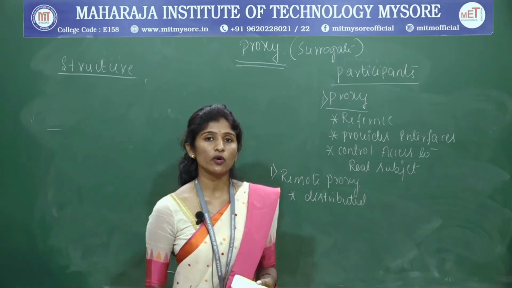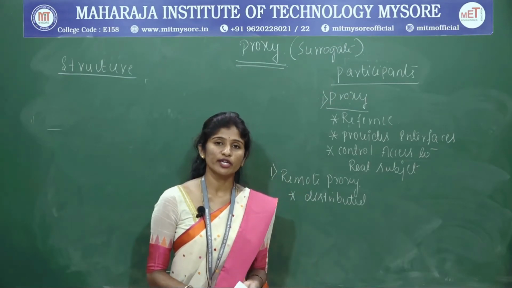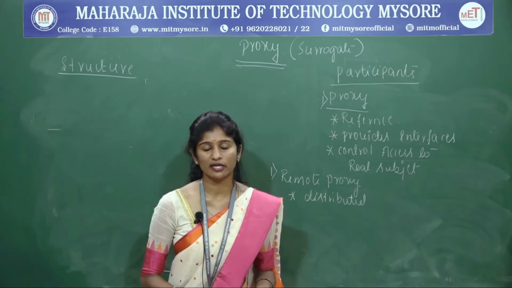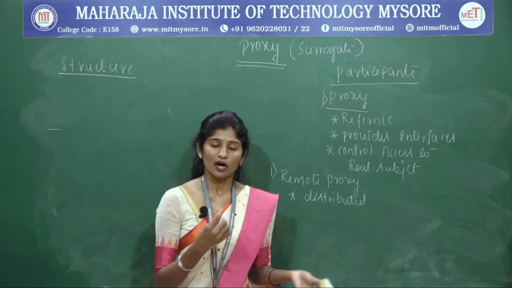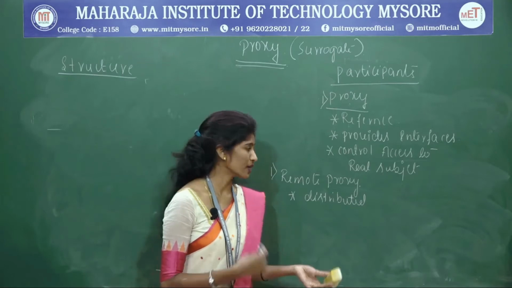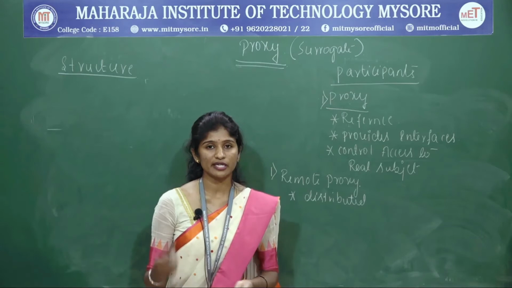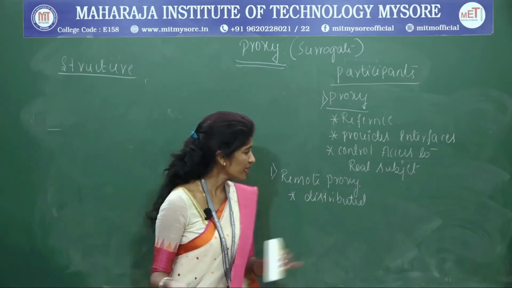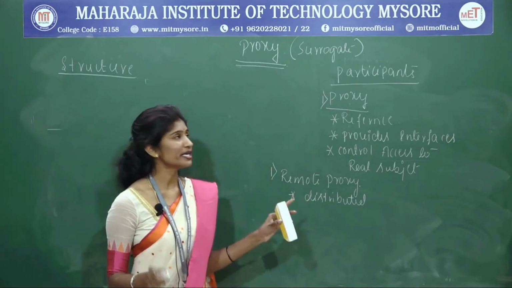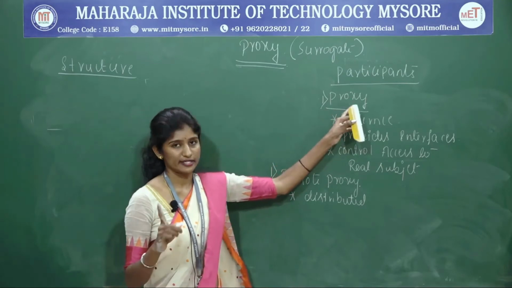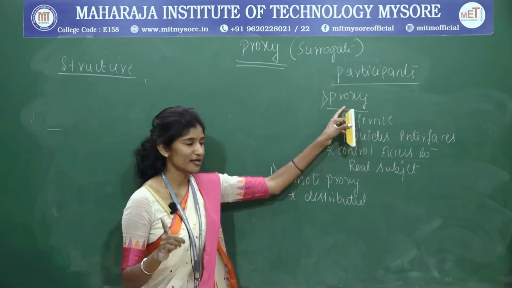So, it is going to encode and decode the information or the code that is exchanged between the objects. It is going to code or decode for the real objects which are present in different address spaces. That operation will also be done by the proxy participant, the proxy design pattern.